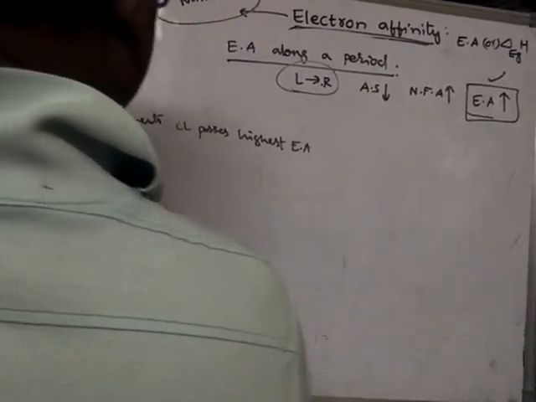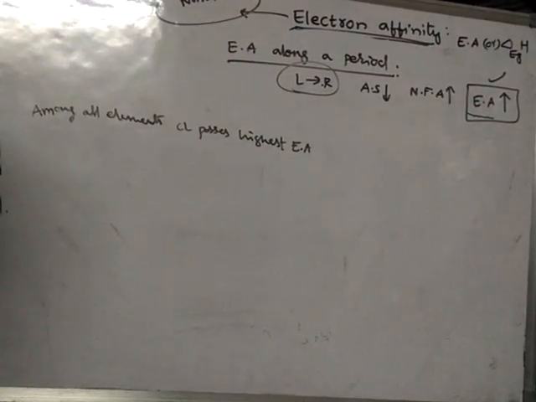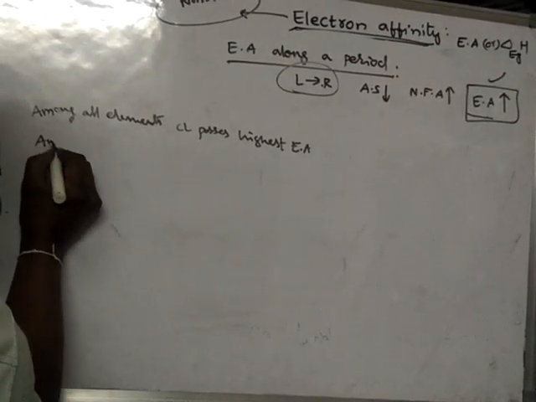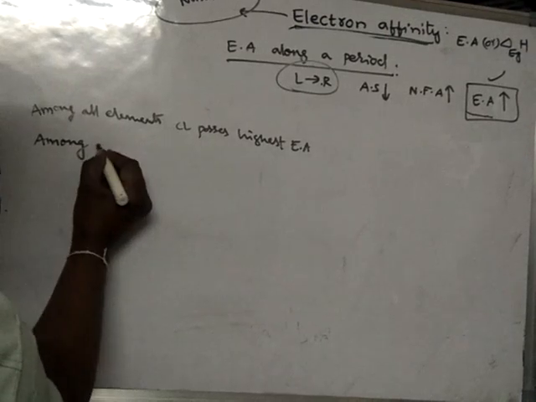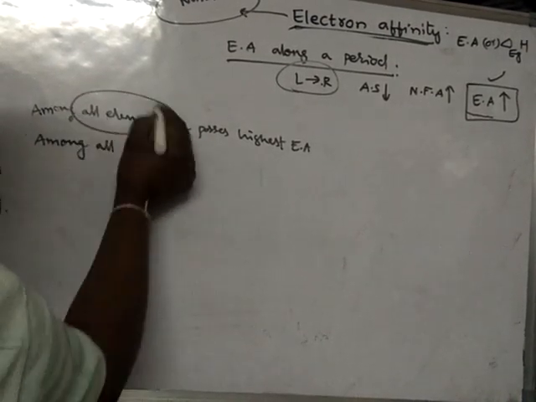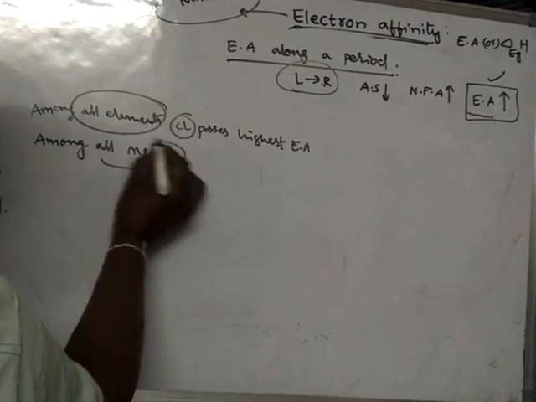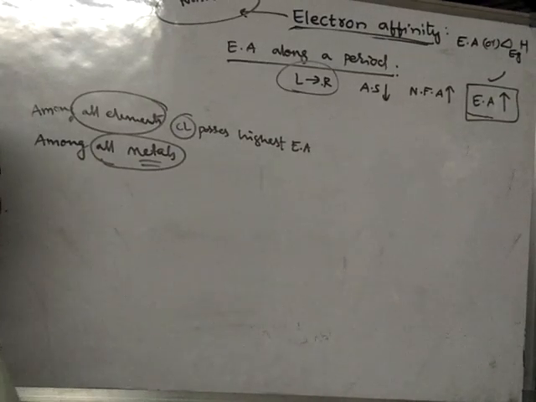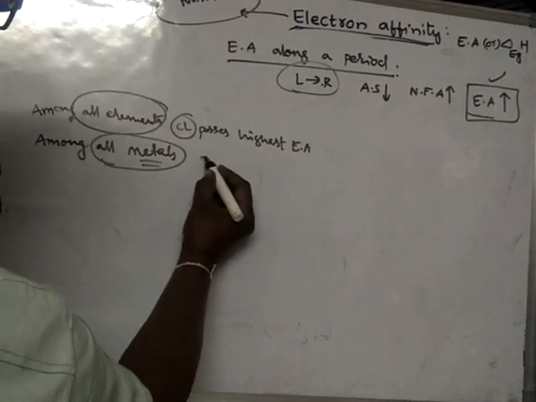Next, among all metals, only metals we have to take, the highest electron affinity is possessed by gold.